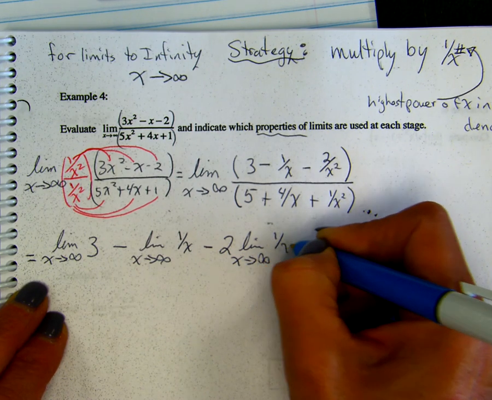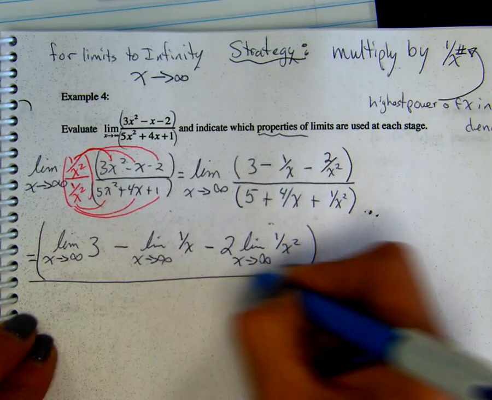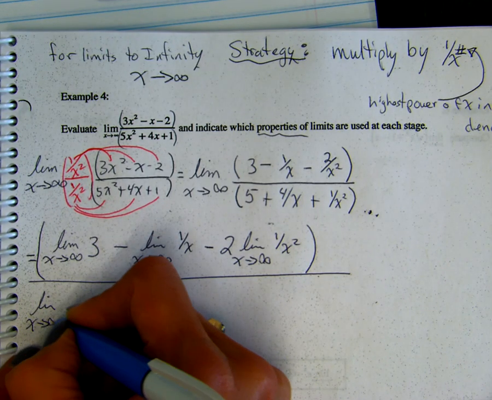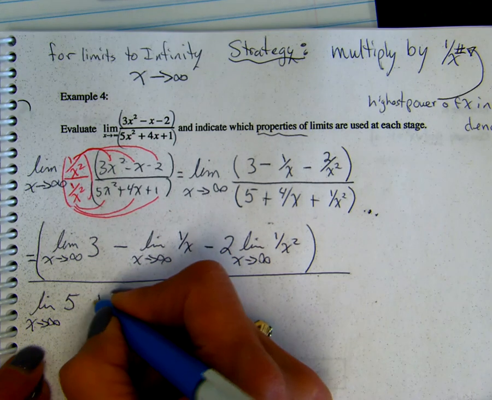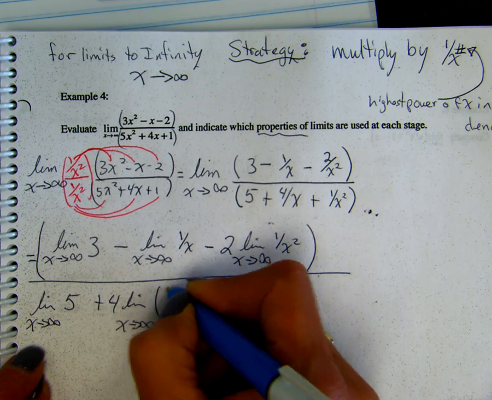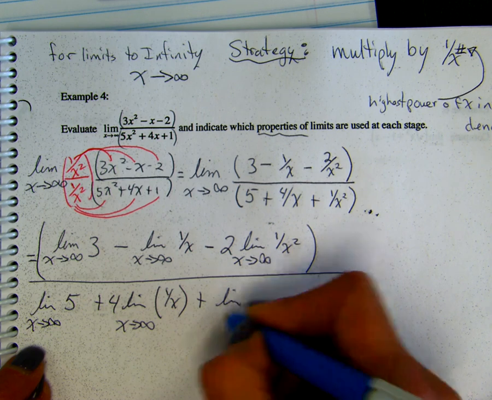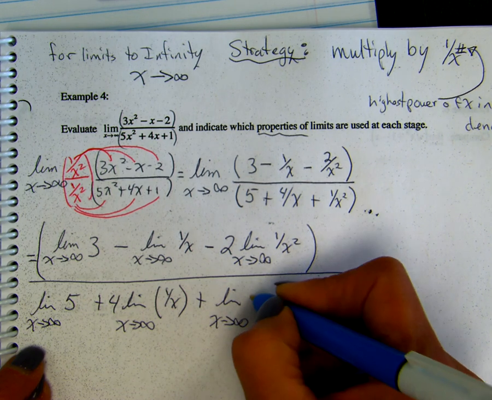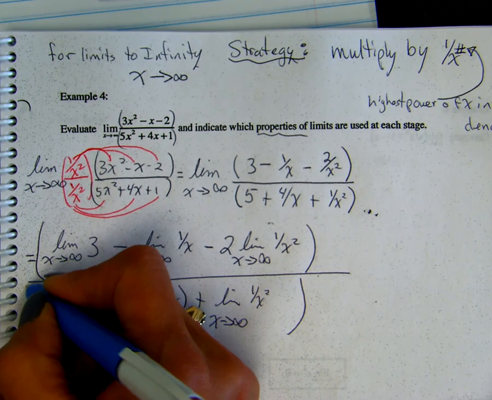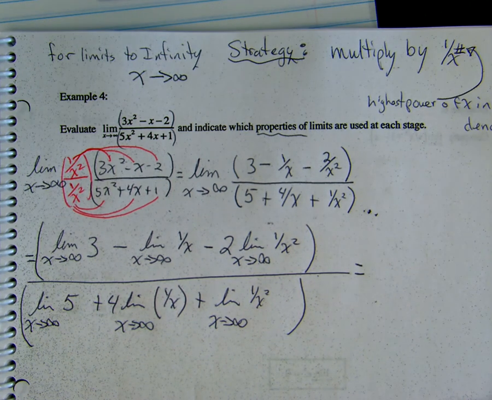Subtract 2 times the limit as x approaches infinity for 1 over x squared. That's your numerator. Here's your denominator. The limit as x approaches infinity of the constant function 5 plus 4 times the limit as x approaches infinity for the function 1 over x plus the limit as x approaches infinity for the function 1 over x squared. There's your denominator.